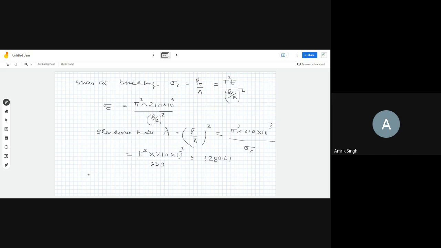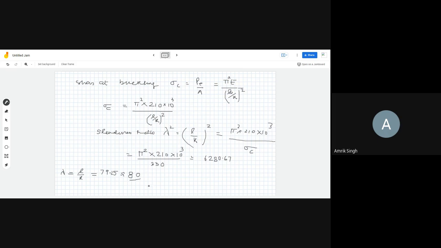So if you calculate the value of L upon K, so this is L upon K square. So L upon K, that is slenderness ratio, if you take the square root of this, it will be roughly 79.25, which is roughly equal to 80.